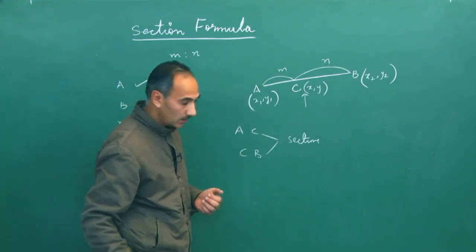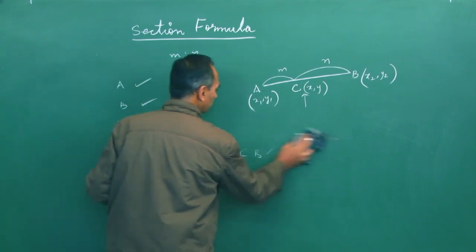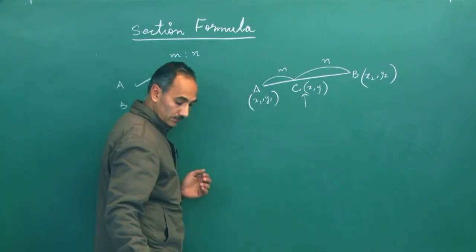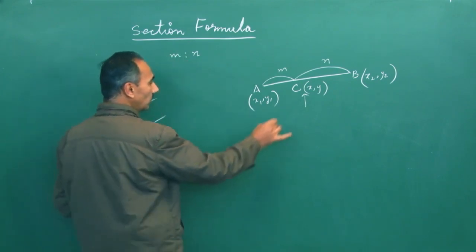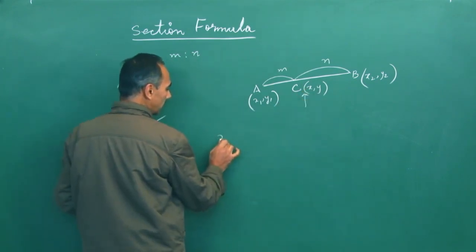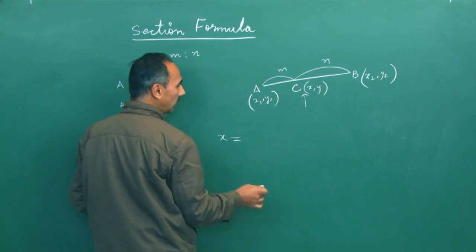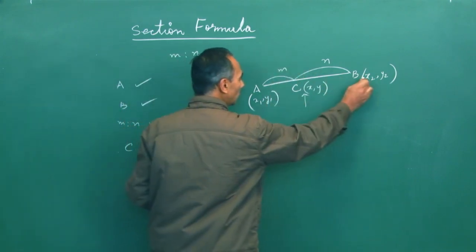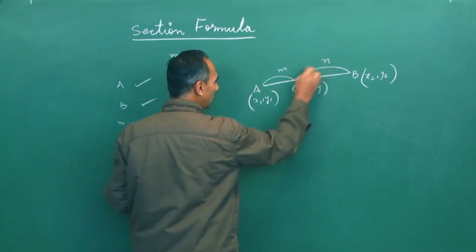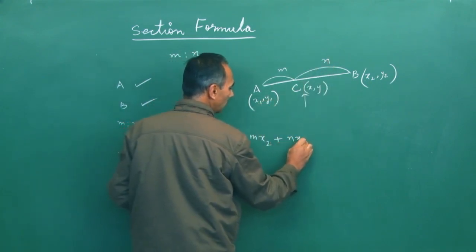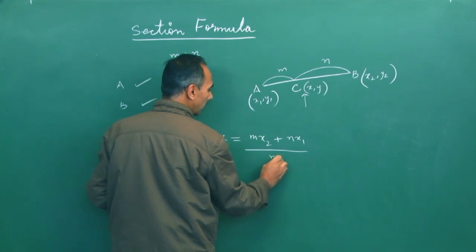Let's see what the formula is all about. Now, I say let C divide AB in the ratio M is to N. The formula says the x coordinate of C is (M into x2 plus N into x1) divided by (M plus N).